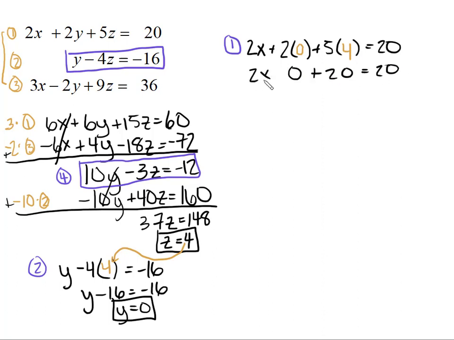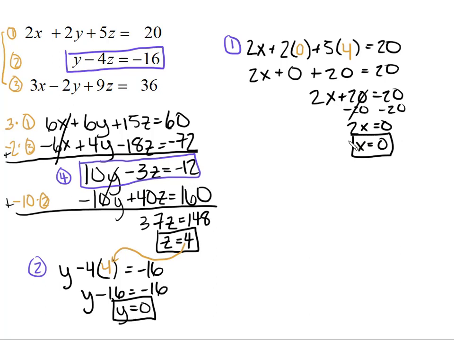I get my 2x here. So 0 plus 20 is 20. Subtract 20 from both sides, I get 2x equals 0. And dividing by 2, I should get x equals 0. So if I have it right, my x coordinate is 0, my y coordinate is 0, and my z coordinate is 4.